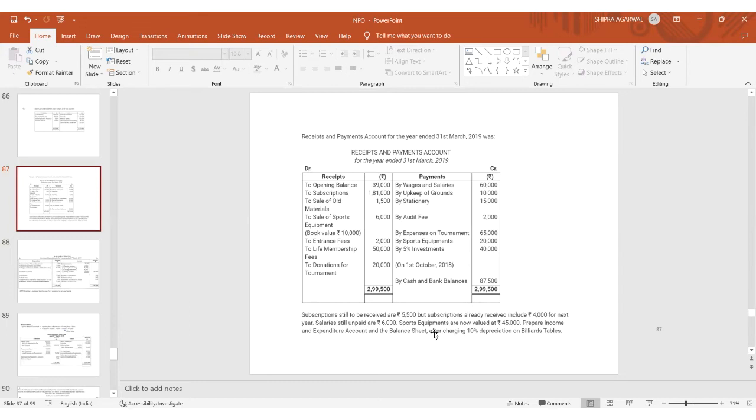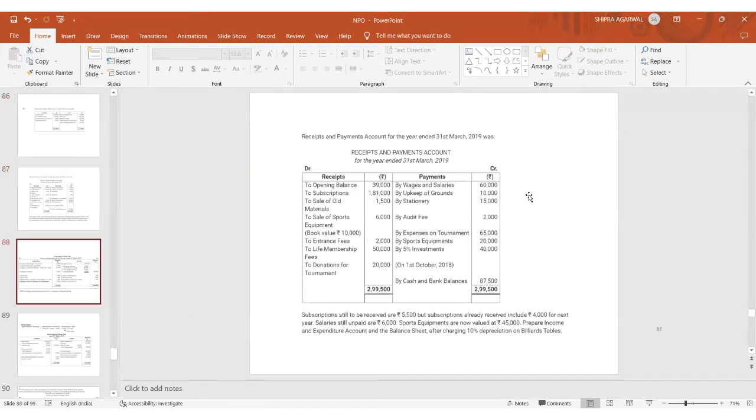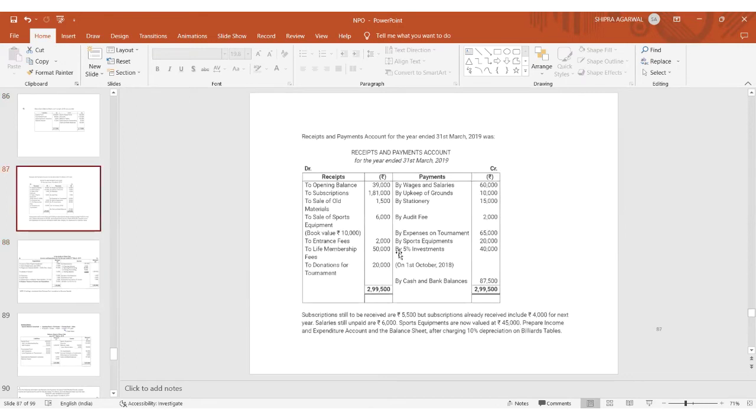But further, they are saying that you need to charge 10% depreciation on billiards table. So let's see how much are the billiards table. My billiards tables are 60,000 and 10% depreciation means it is 6,000. Then interest, okay. You have 5% investments, 40,000, on which you will get interest at the rate of 5%.